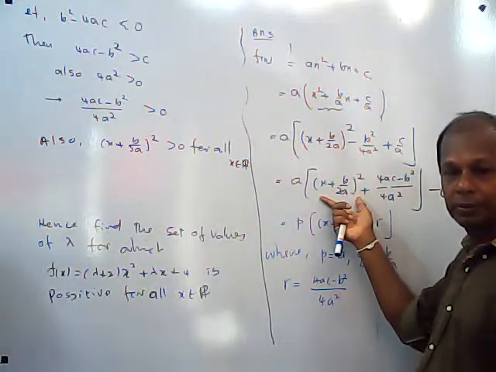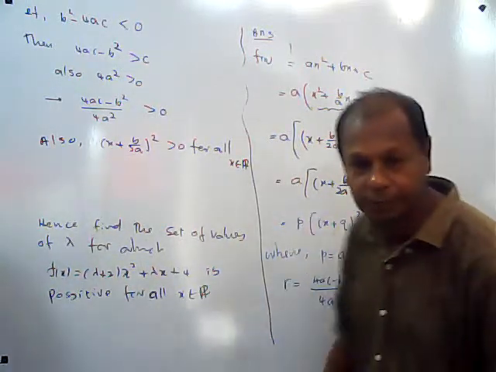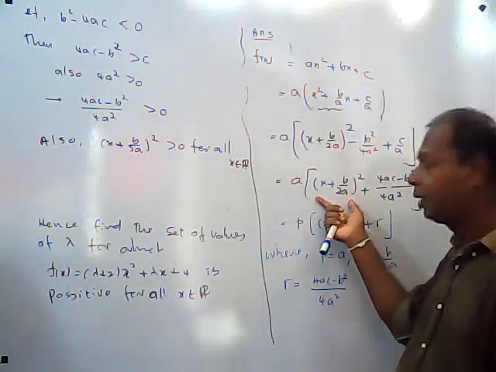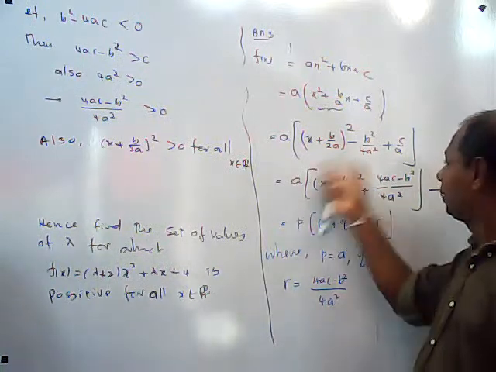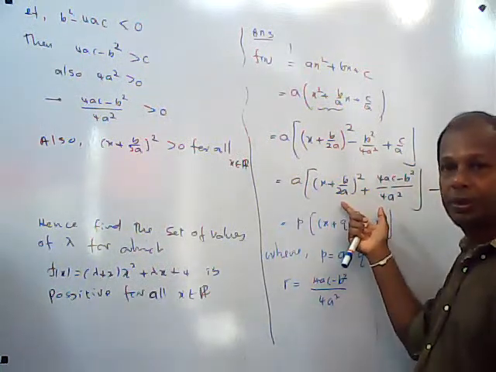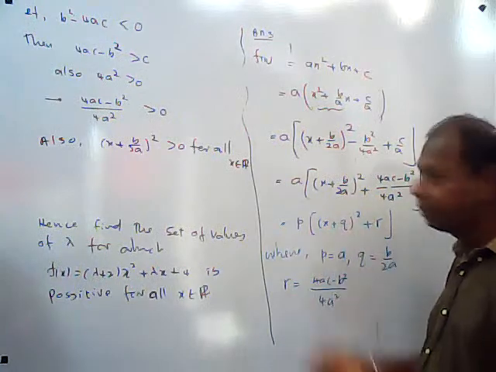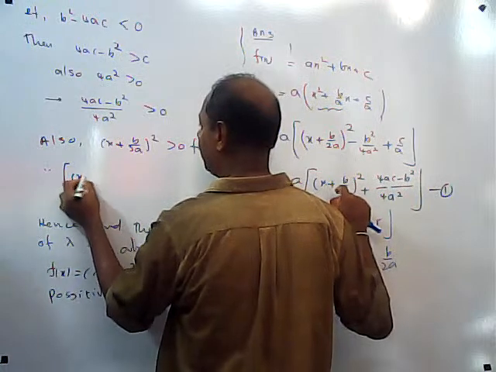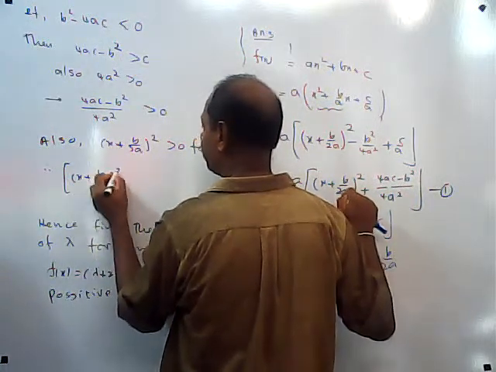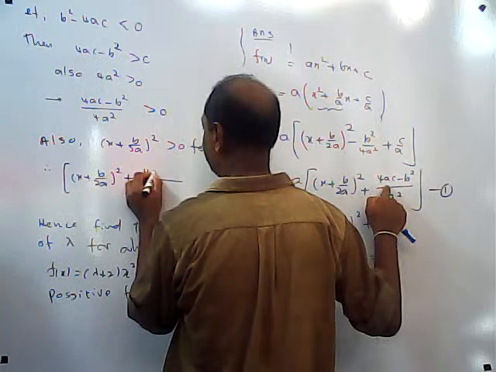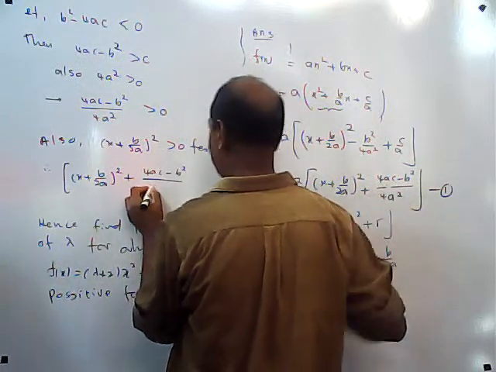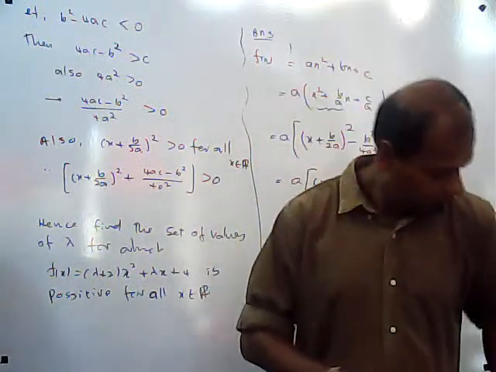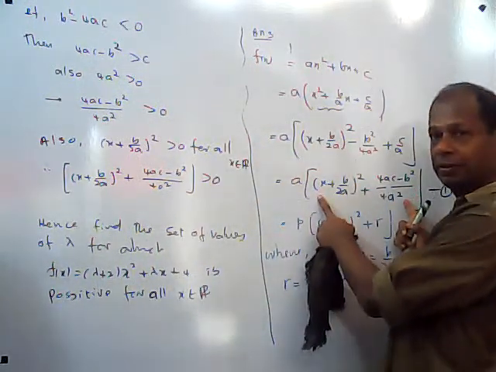This part is greater than or equal to 0 and you add a positive number, so the whole thing inside the square bracket should be greater than 0. Therefore the whole thing, x plus b over 2a squared plus 4ac minus b squared over 4a squared, is greater than 0.